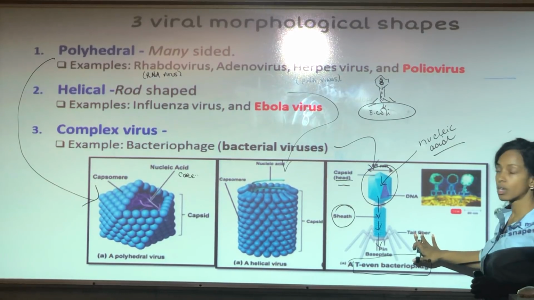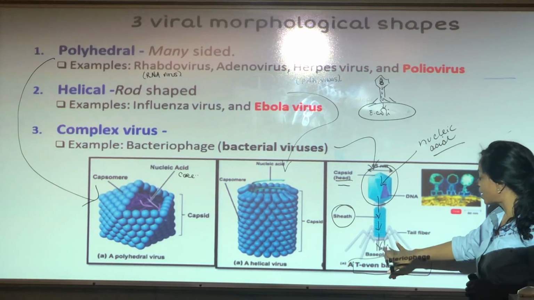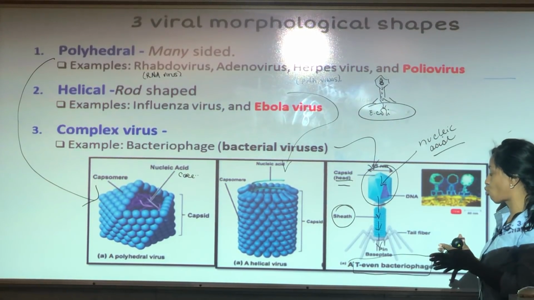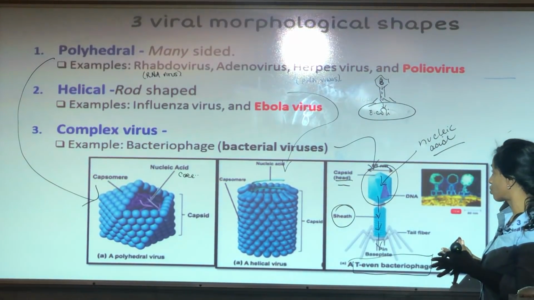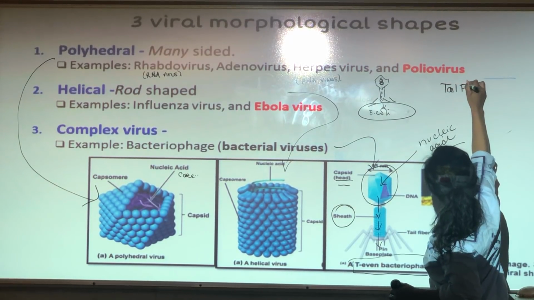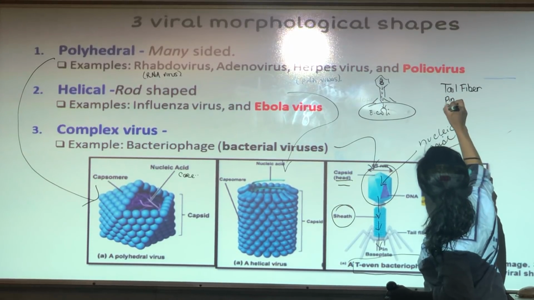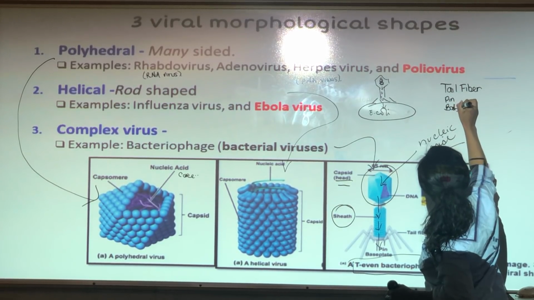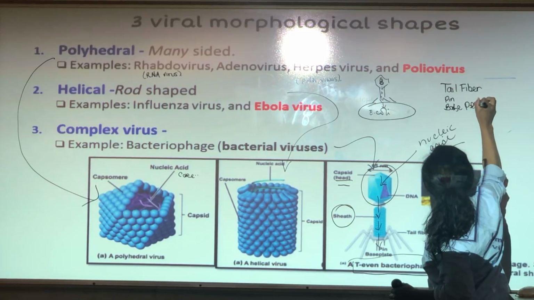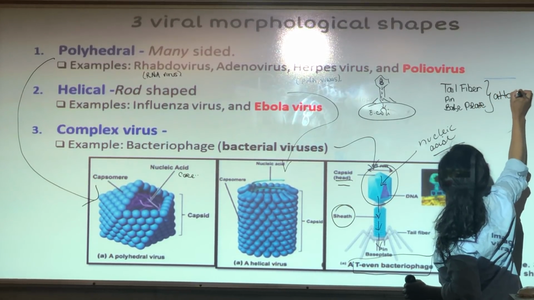So at the bottom of the complex virus, there's tail fibers, pin, and the base plate, and this helps for attachment to the bacterial cell. So again, the tail fiber, pin, and the base plate. These are for attachment.